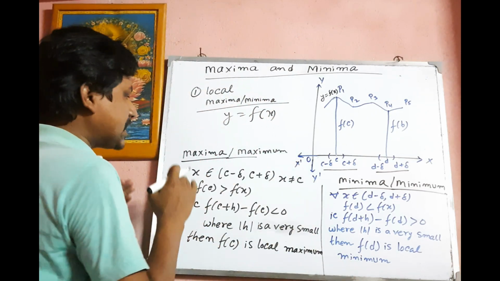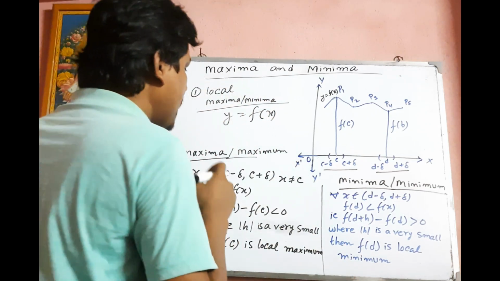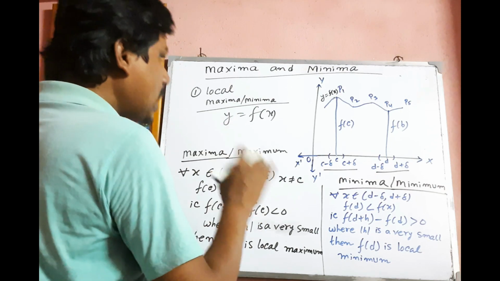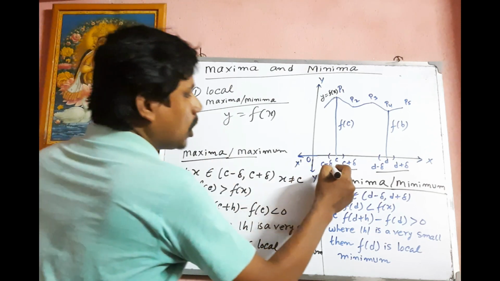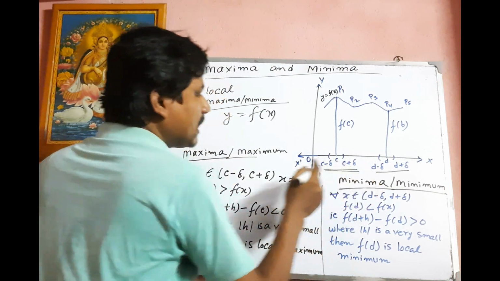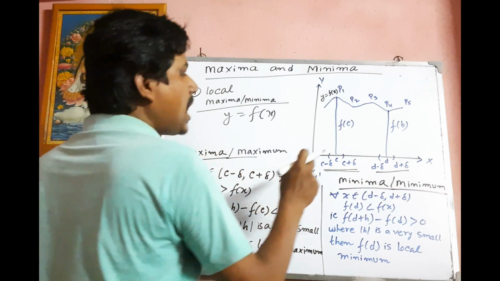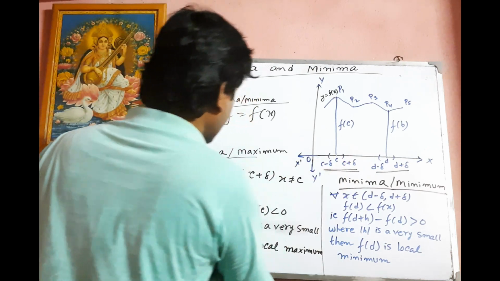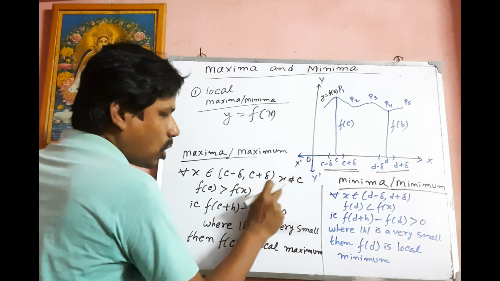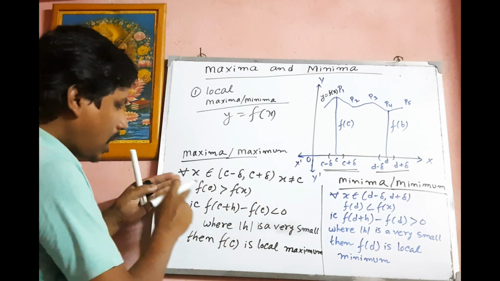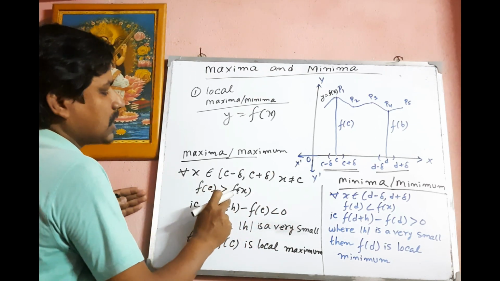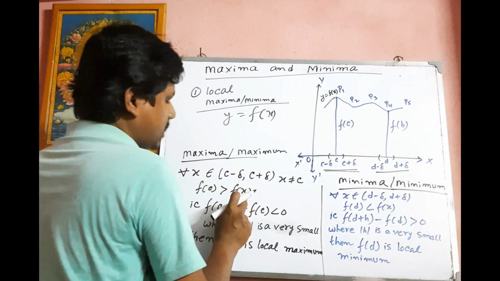Now at first we are discussing the maxima or maximum. For all x belonging to this interval, that is c minus delta comma c plus delta, and x not equal to c, f of c is greater than f of x.